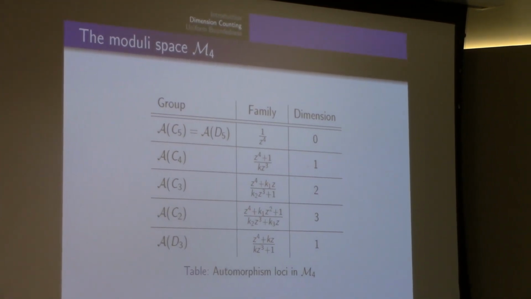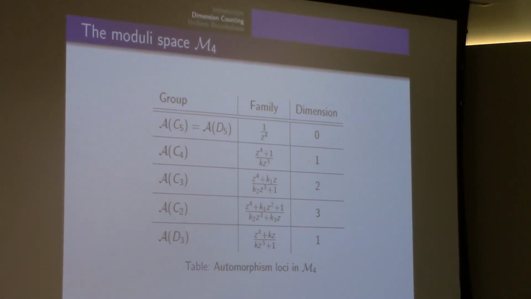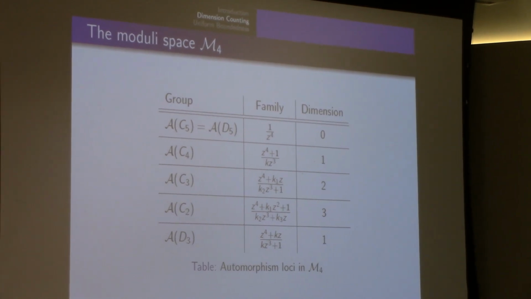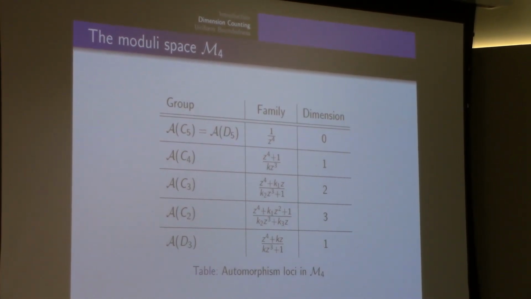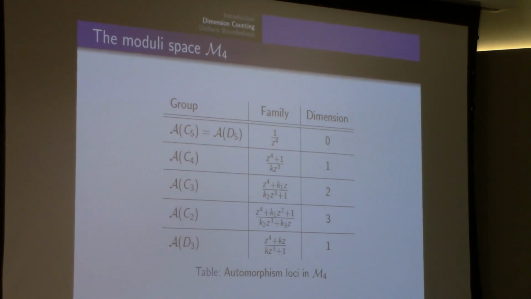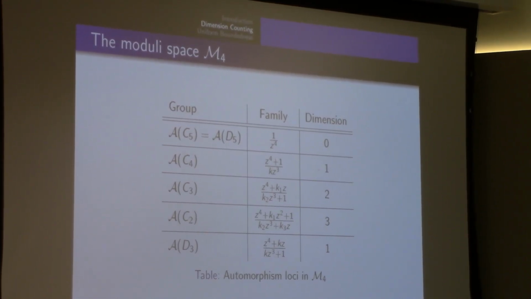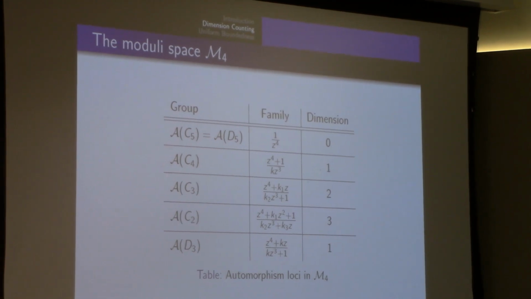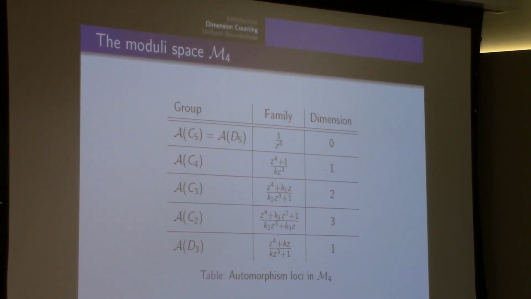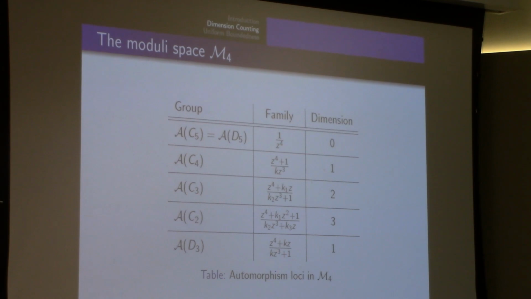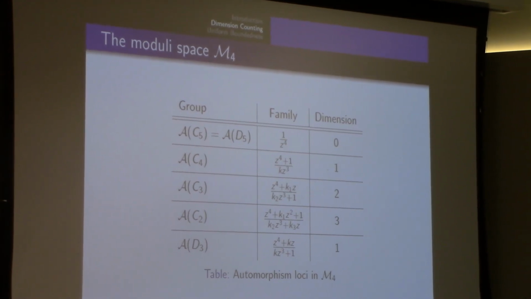One cool fact is that this behavior with the maximal order cyclic group is recurrent, in that in M_D, you'll always see the cyclic group of D plus 1 elements show up. And in fact, you'll always see the cyclic group of 2D plus 2 elements show up.